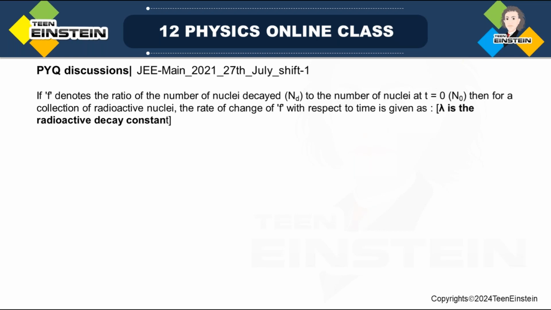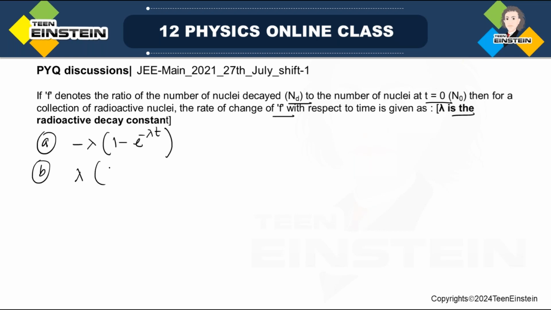If F denotes the ratio of the number of nuclei decayed to the number of nuclei at t equal to 0, that is N0, then for a collection of radioactive nuclei, the rate of change of this F with respect to time is given as, the options are given here: minus lambda into (1 minus e to the power minus lambda t), where lambda is the decay constant, as you know.